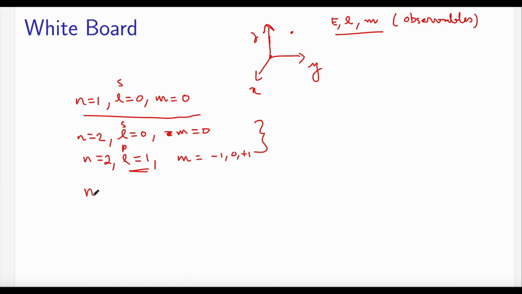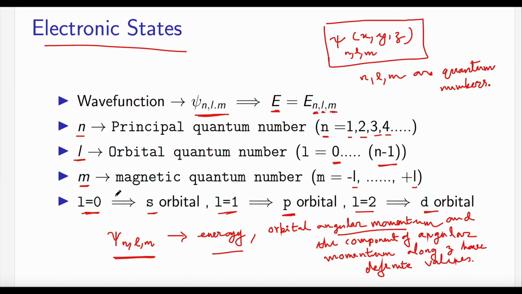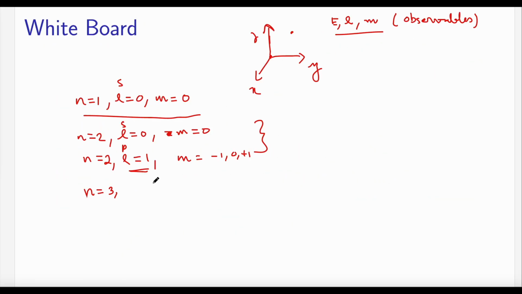And similarly n is equal to 3. So when n is equal to 3, what are the possible values of L? So L can range from 0 to n minus 1, that is 3 minus 1, which is 2. So n is equal to 3, so L can take the value 0, or it can take the value 1, or it can take the value 2.